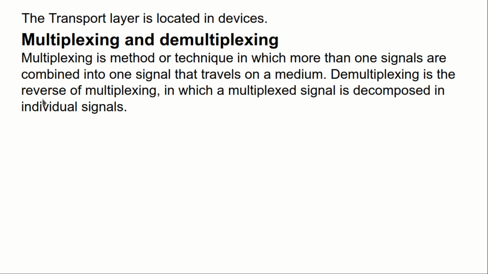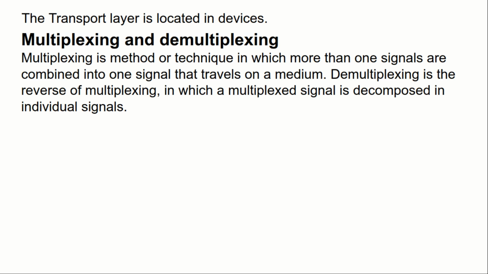Instead of combining all the signals, it divides the one signal into multiple signals, in which a multiplexed signal is decomposed into individual signals. All the signals that were combined will be divided, and they will reach the individual applications.